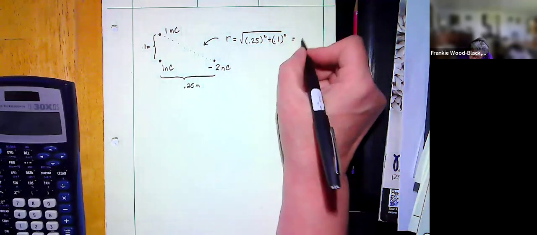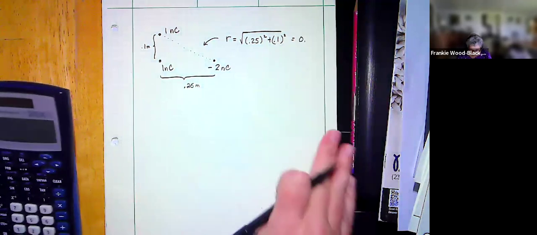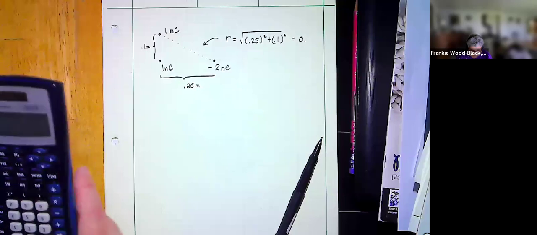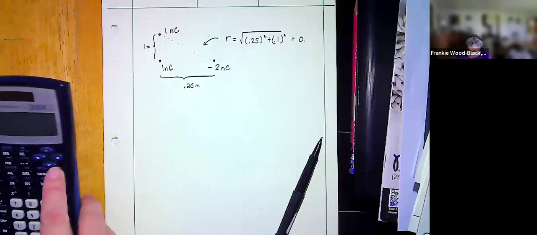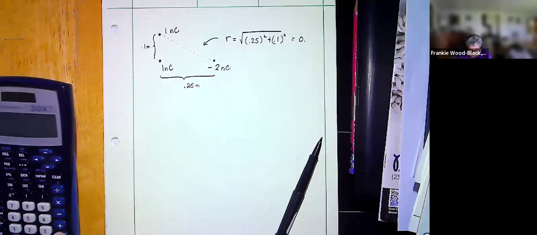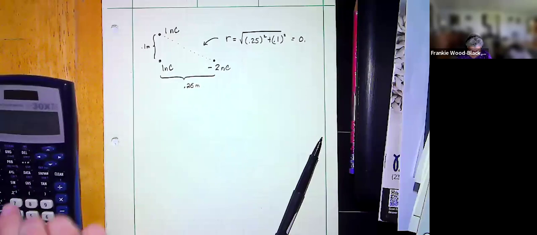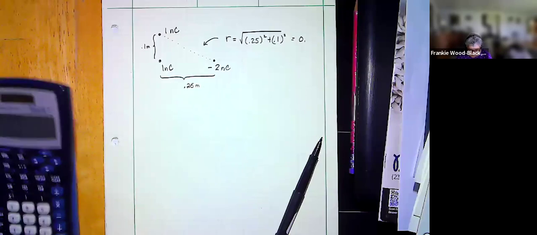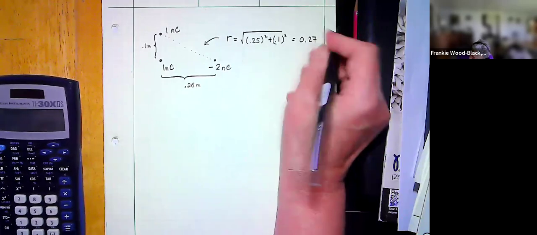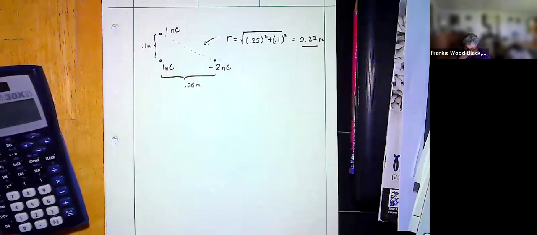And I get that this is point... Doesn't look right. Hang on. Yep, I guess it is. This is going to be 0.27 meters is our R.